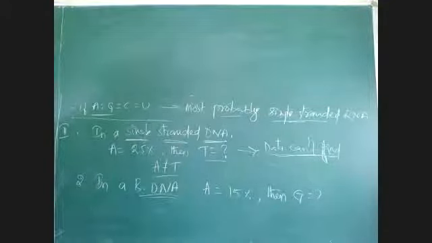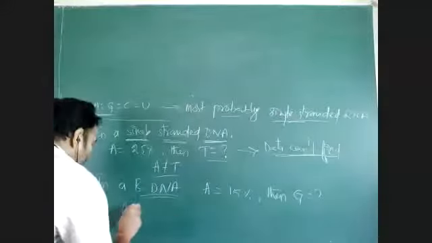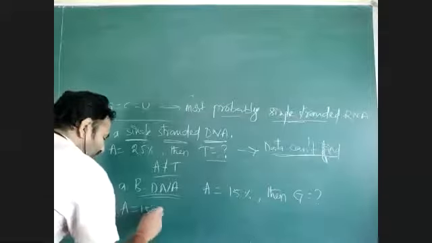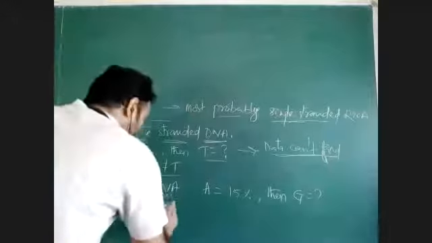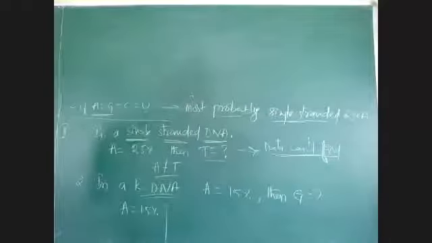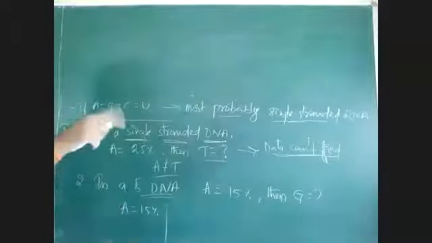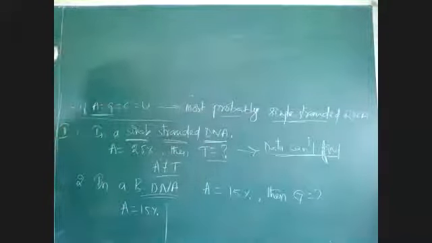See, the data given is A is equal to 15. For B DNA, which is double-stranded DNA with 10 base pairs, Chargaff's rule is applicable.